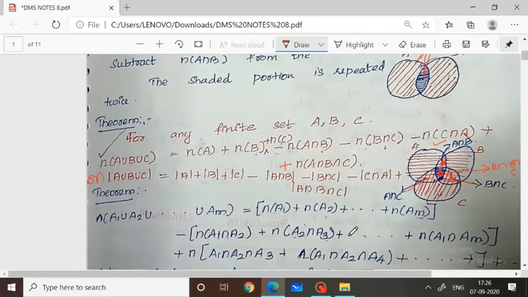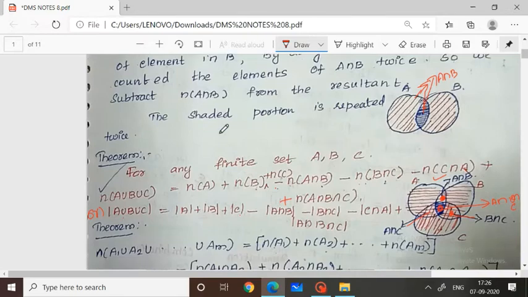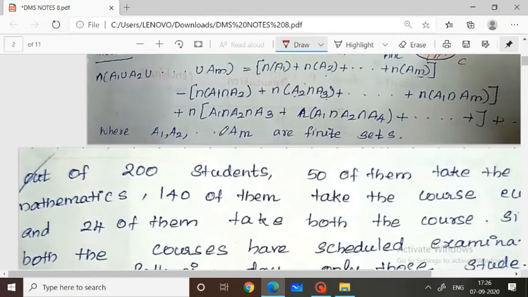If it is for three sets you have to use this statement, and if it is for two sets we can use the earlier statement. Now I shall move on to the problem.